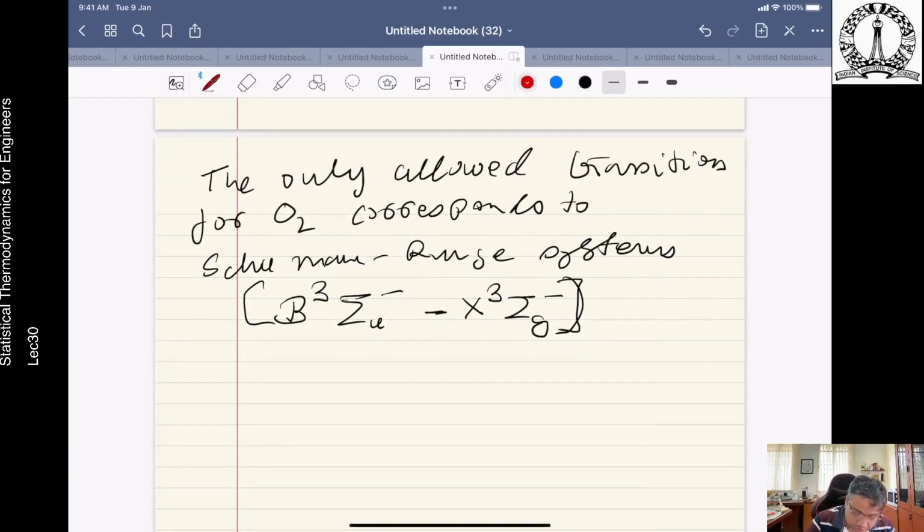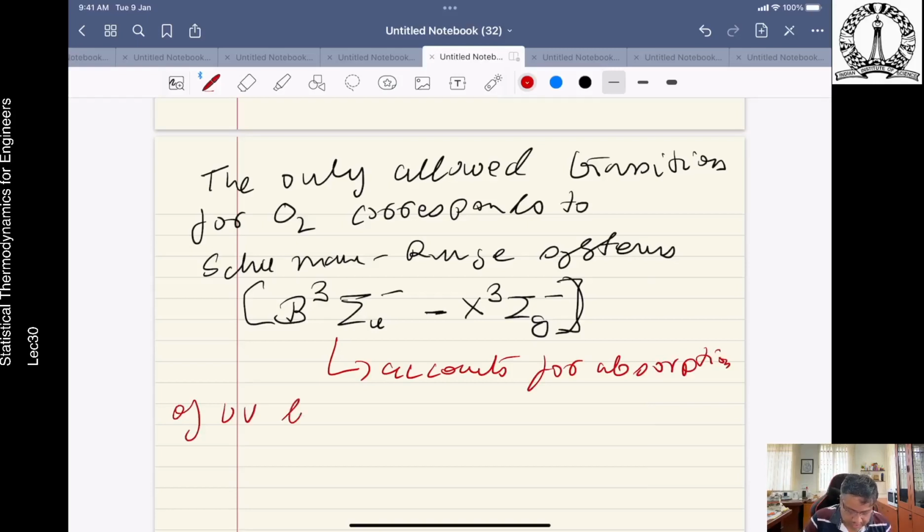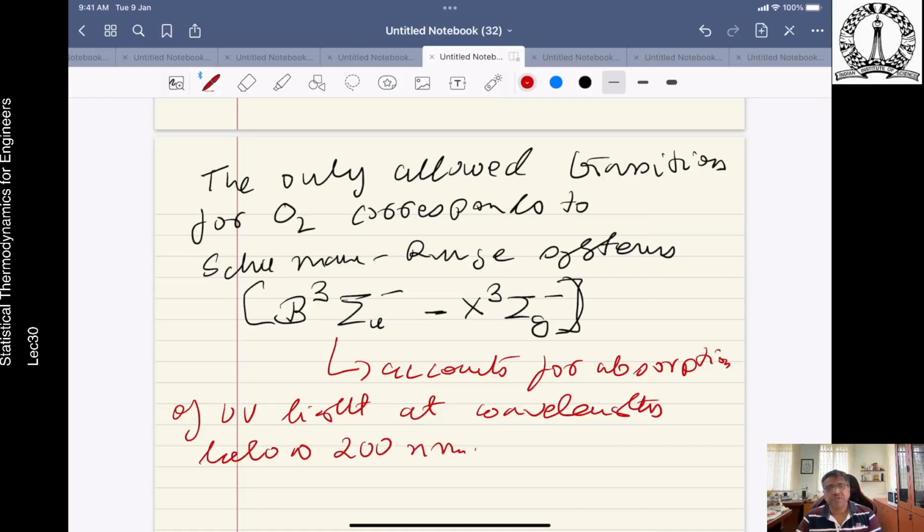Basically, what does it do? It accounts for absorption of UV light at wavelengths below 200 nanometers in the Earth's atmosphere.